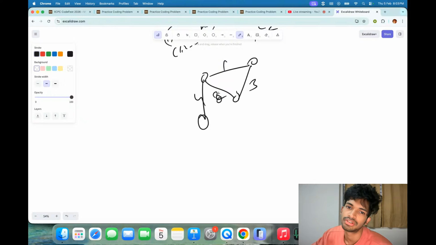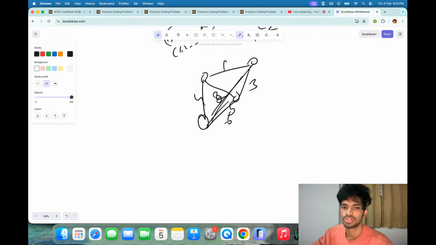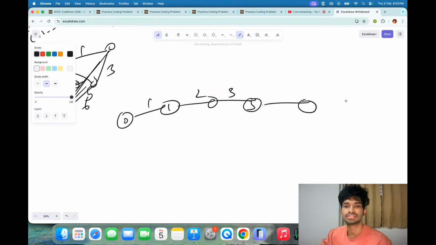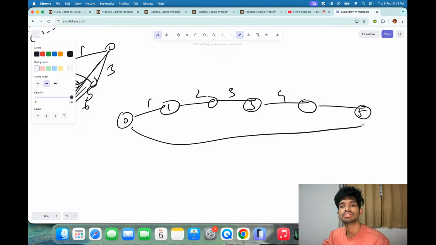And then if you have four, you can add five here. You can add six to here. And if you are going like this, this is even better, I guess, because now you can add.